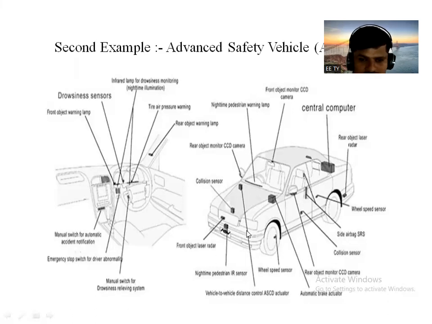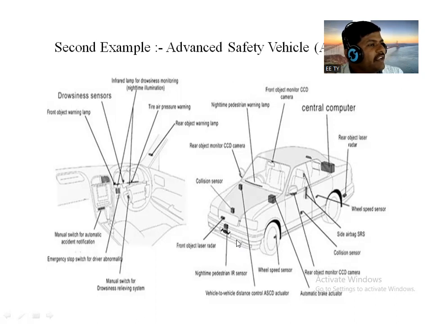See, here it is shown as a wheel speed sensor, and a number of sensors are there. Here is the central computer, then the wheel speed sensor, a rear object radar type of sensor, then the side airbag SRS, then the collision sensor, again the front object detector sensor. That means a number of sensors can be used.